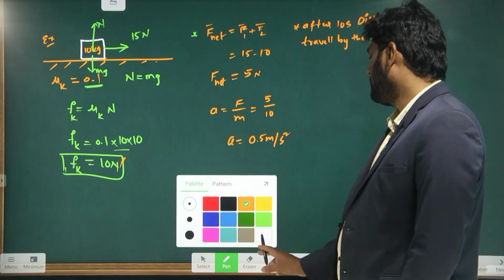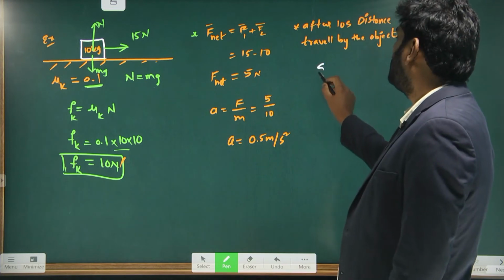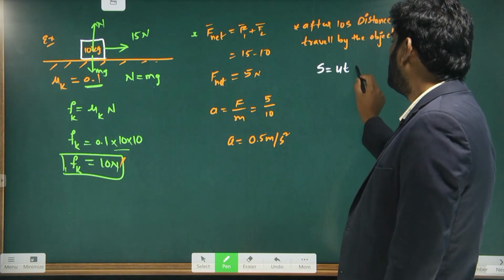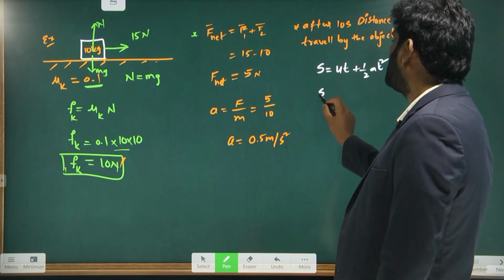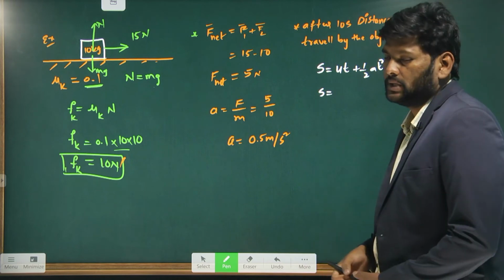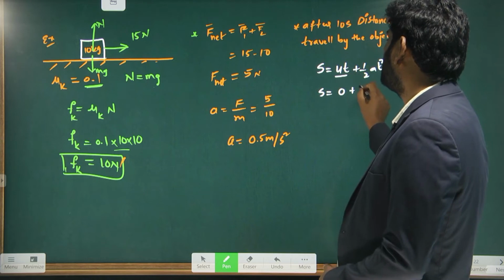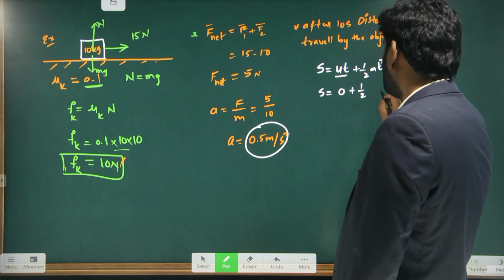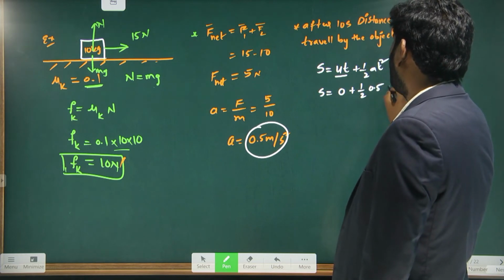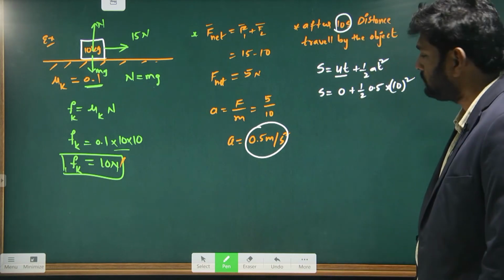To find that we have to use the equation of motion, S is equal to ut plus half at square. Initial velocity is 0, so this term is 0, plus half into acceleration, that is 0.5 into 10 square, because we are asking after 10 seconds.